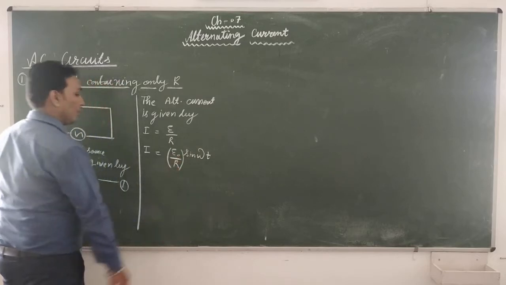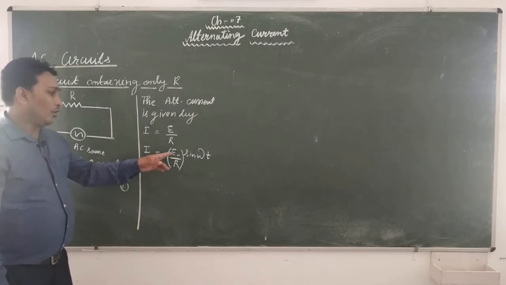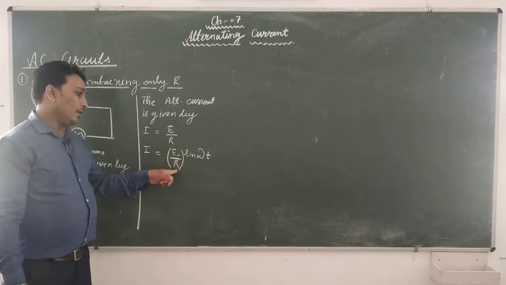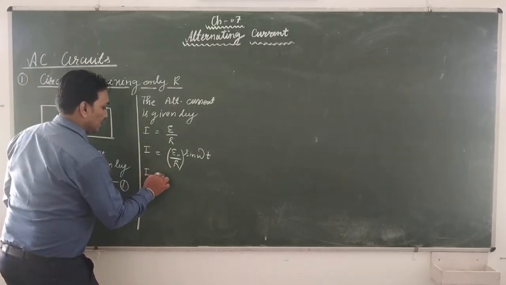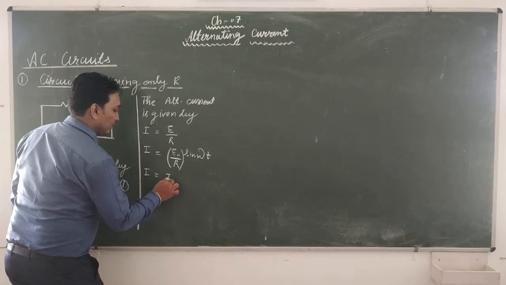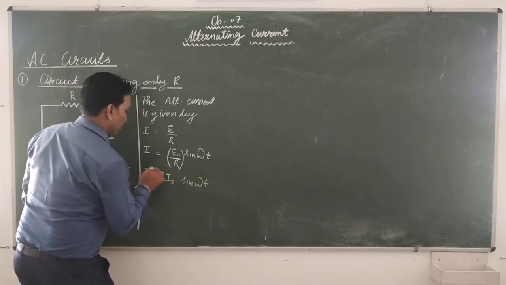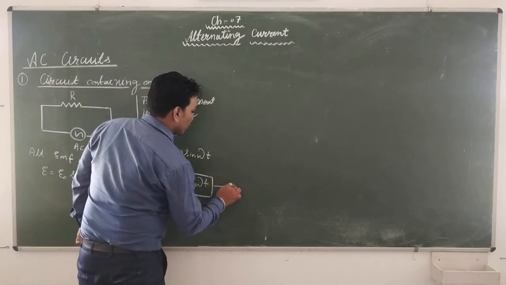Now E0 denotes the maximum EMF, which is called peak EMF. Peak EMF upon resistance is the maximum current, which is given by I0 sin omega t. So this is the current, equation number 2.